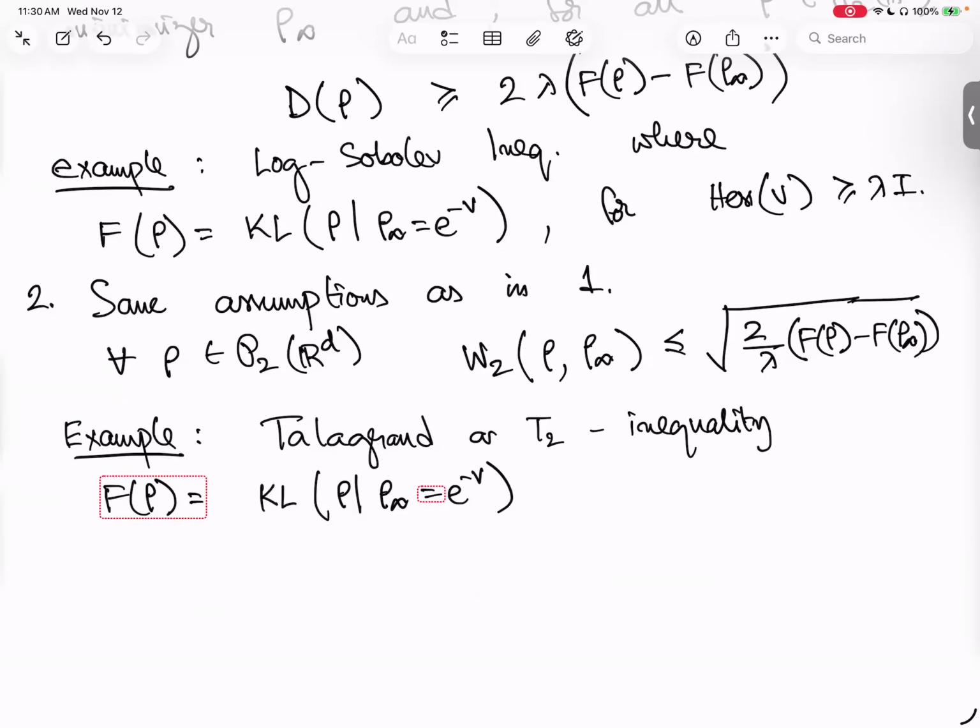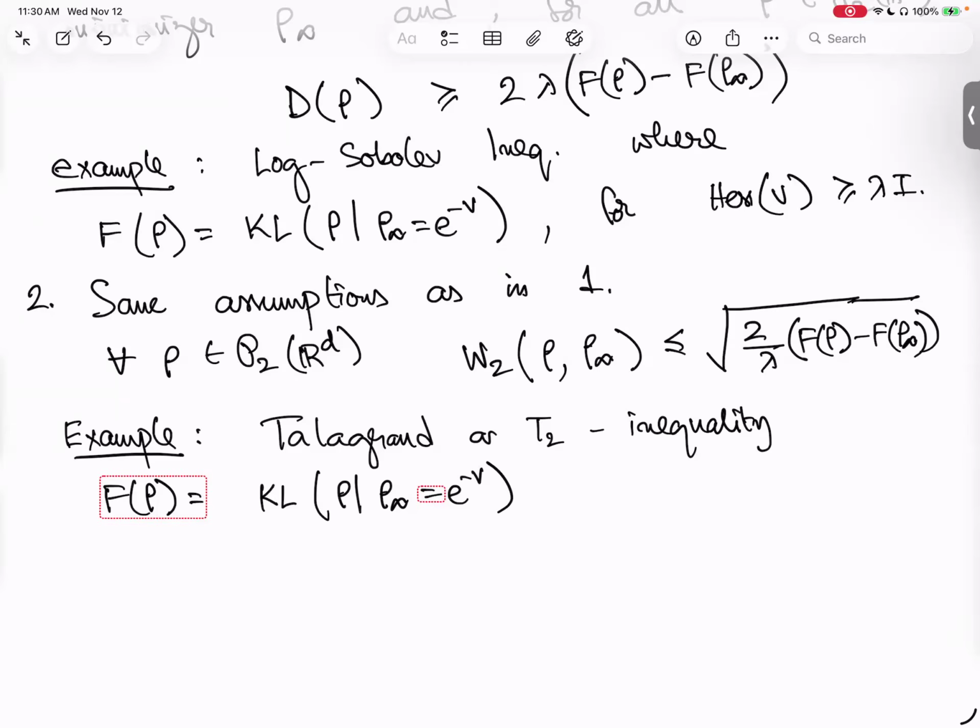The W2 distance is usually very hard to compute, right? Because it involves an optimization. You don't actually have any bound on this. But the right-hand side for Talagrand's inequality, when this is Kullback-Leibler, is something that might be reasonably easier to compute, especially if you know something about the density. And it is saying that if your base density is uniformly log concave, then you can bound the Wasserstein-2 distance by the square root of the relative entropy.